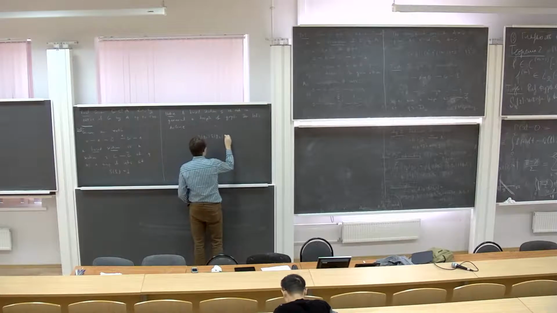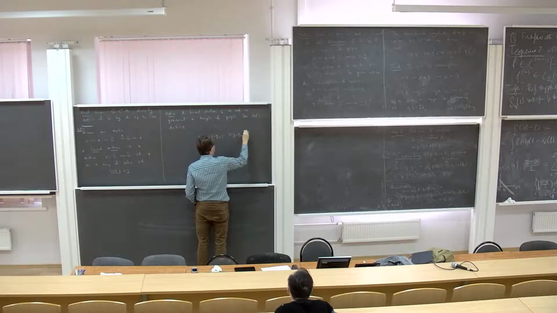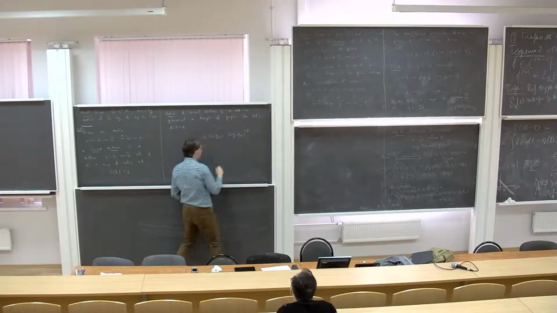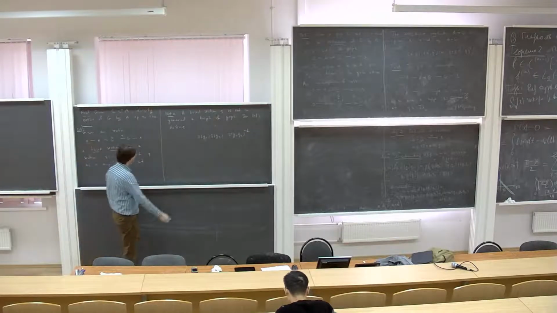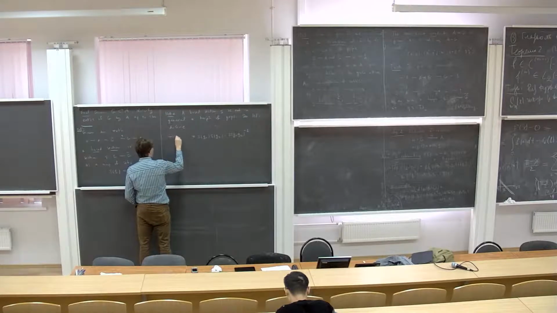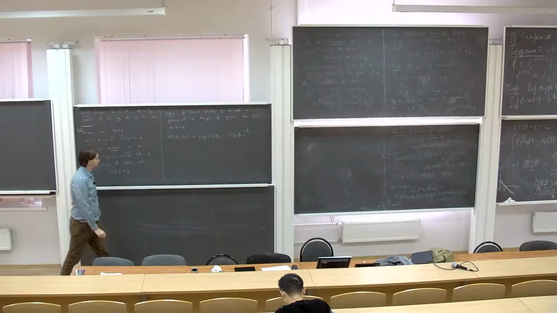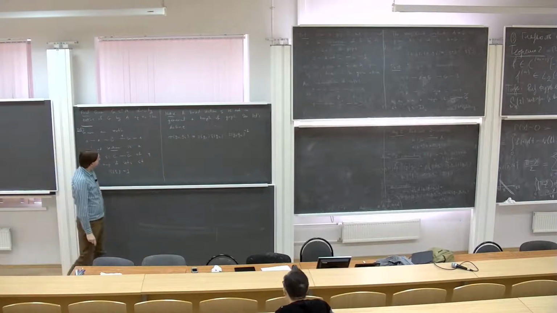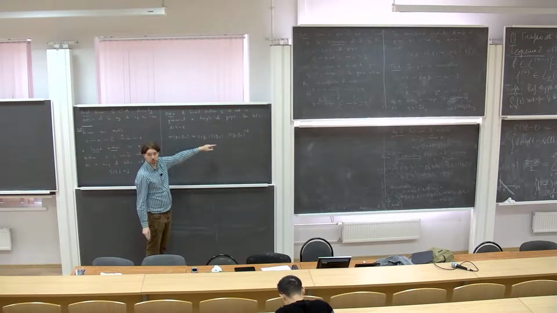If this were a homomorphism, that would be the same as S of G1 times G2, and so the difference would be trivial. But in general, this difference is not trivial. It measures the failure of S to be a homomorphism. So I'm going to call that sigma of G1, G2. Okay. And note, if one of these elements is 1, then this is 1.